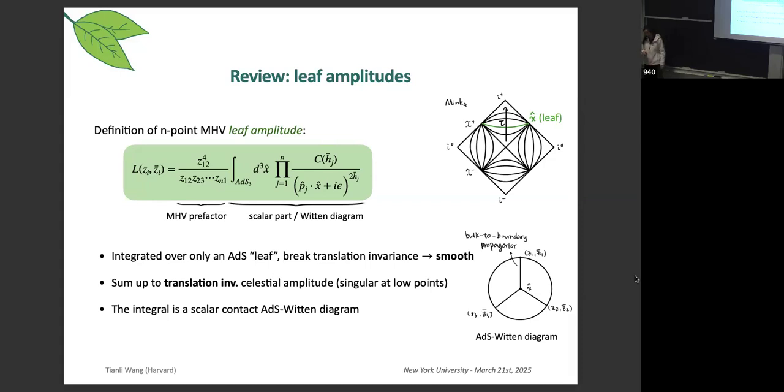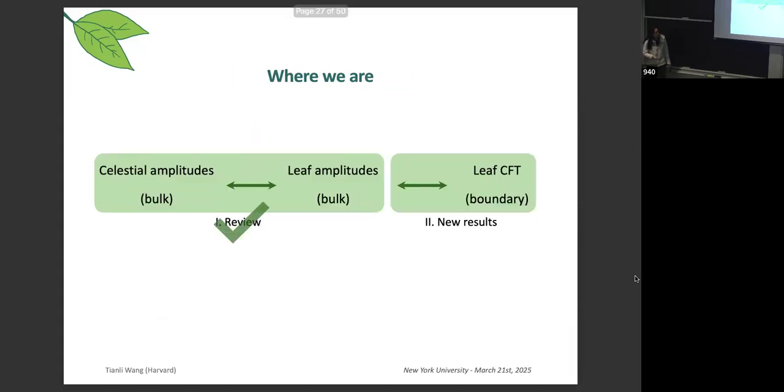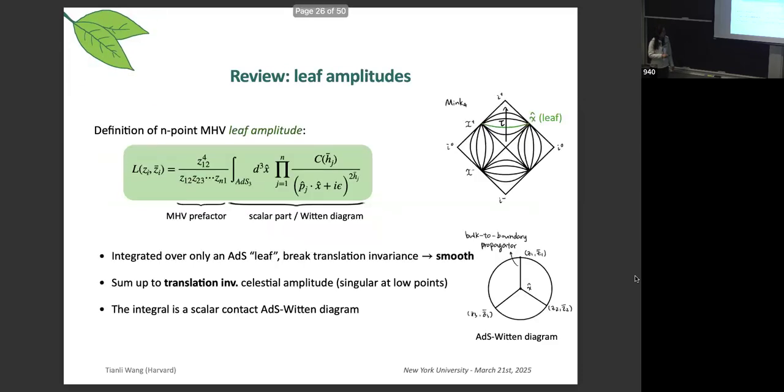Okay, so now we have finished the whole review part. Any questions before I go on to tell you about the CFT dual? Yeah, wait, when you go back one slide. So to make the connection to ADS Witten diagrams though, right, you have to identify the full conformal dimension of an ADS Witten diagram with the right moving conformal dimension. Oh, yeah, exactly.